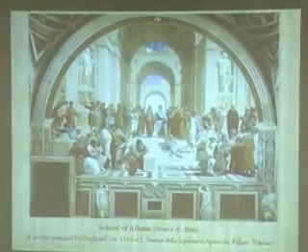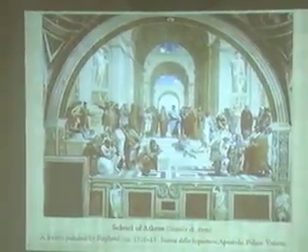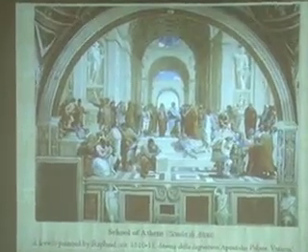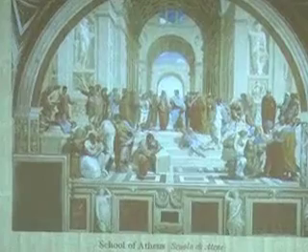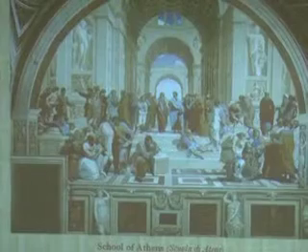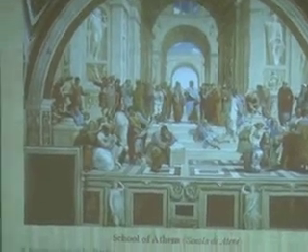The center of this fresco is occupied by two figures, Plato on the left and Aristotle. I'll be saying a bit about these later on, but this has many other figures which mostly are the product of the Greco-Roman era. Of course, you might see a guy with a turban to the lower left, and this is Ibn Rushd, but most of these figures are from the so-called pagan Greco-Roman civilization.